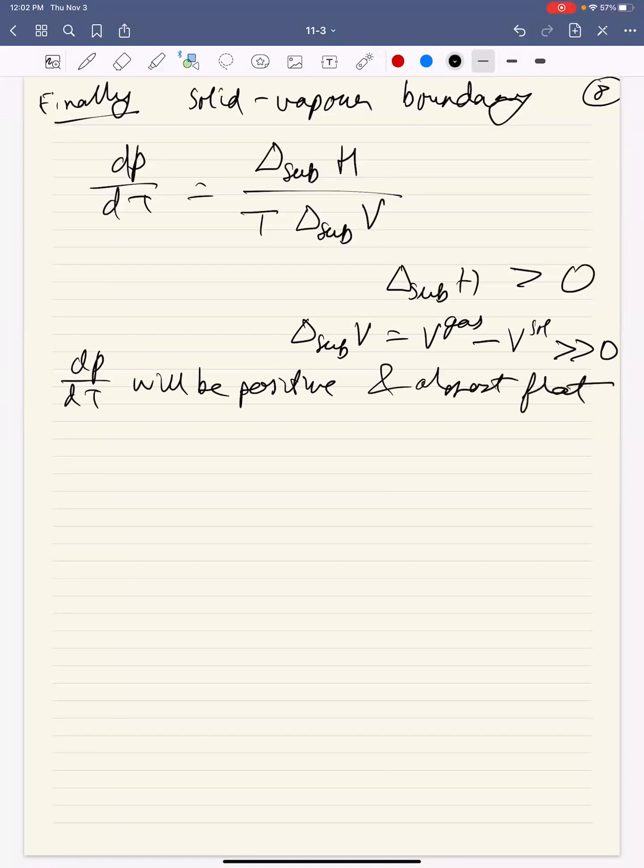Okay, so let me draw it once again. If we have our phase diagram, we have solid, liquid, something like this. And again, like Ethan pointed out, I'm not talking about curvature. I'm just drawing straight lines because I have not derived anything about curvature. Most of it will almost certainly be curved.